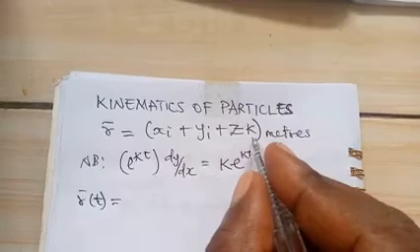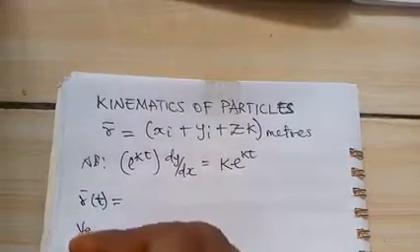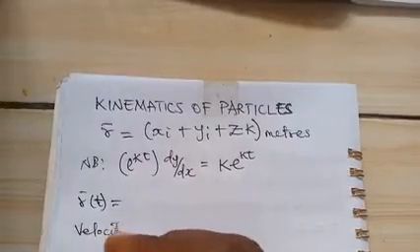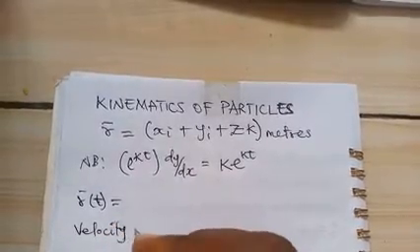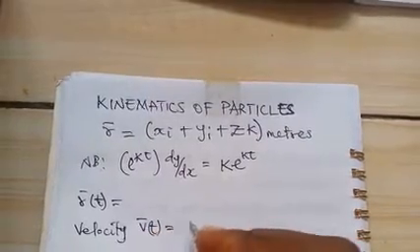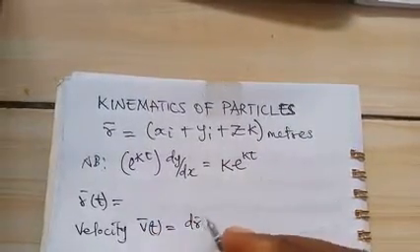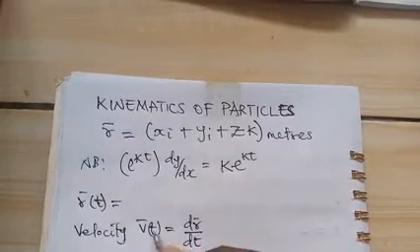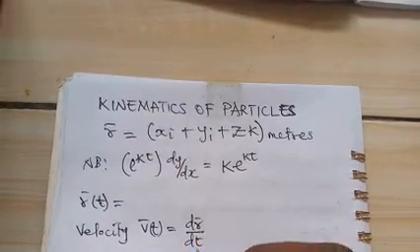We've already seen that. But if I need something like velocity, let's call it v bar with respect to time, I will need to differentiate the position with respect to time, because velocity is displacement over time.